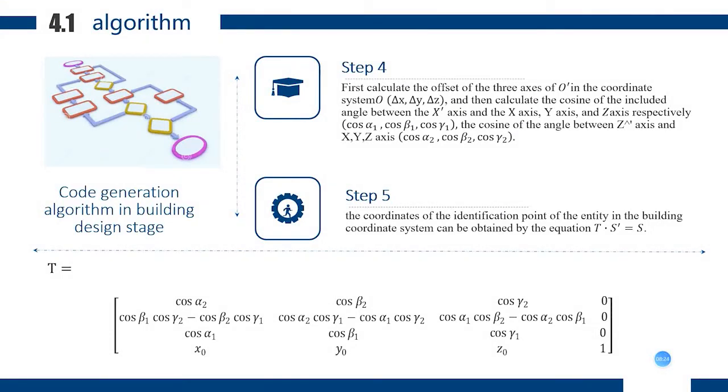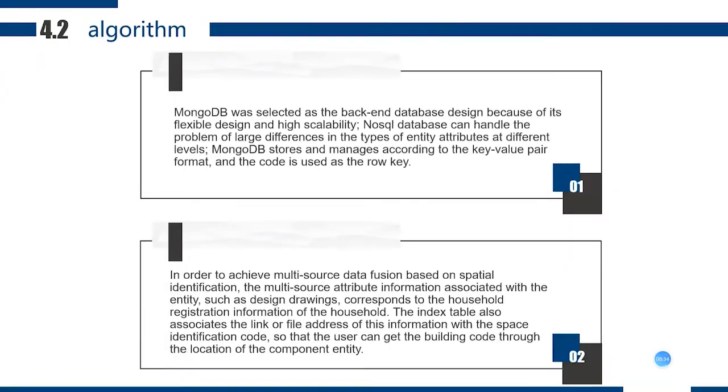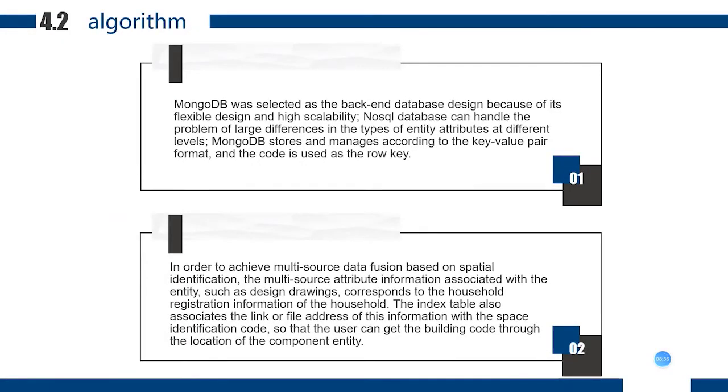Then let's talk about the multi-source building data integration algorithm based on the coding model. Many themes in the building industry use spatial location to associate multi-source data, such as file association management, automatic inspection, and intelligent construction.